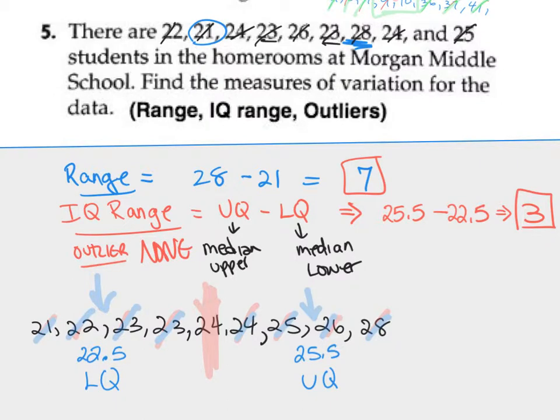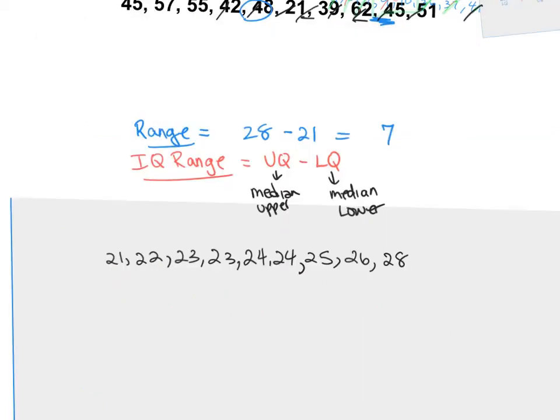Let's make a box and whisker plot out of this data. I would make my number line. I would probably count by ones because 21 and 28 are pretty close together. So we have 21, 22, 23, 24, 25, 26, 27, 28.